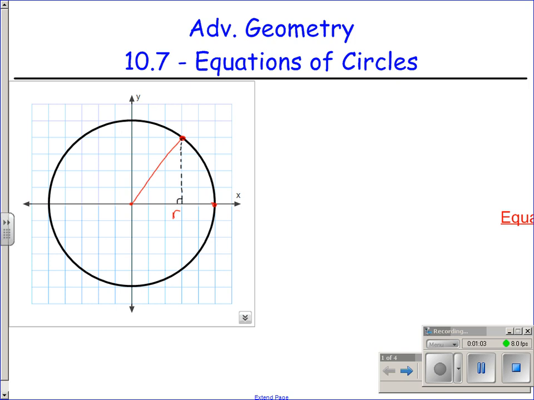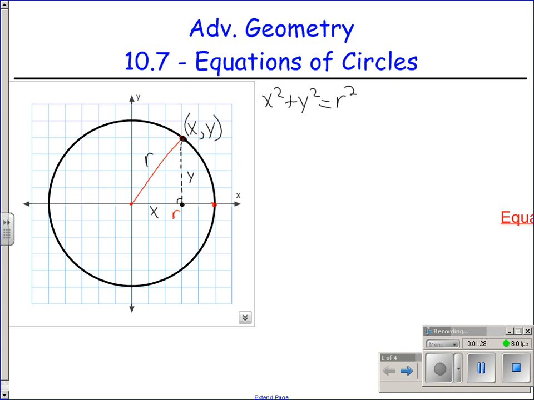So now, if you think about this coordinate at this point right here, from the origin, you want a certain distance in the x direction, puts you here. Then you go up a certain distance in the y direction, that puts you at your point. This is the radius here. So because this is a right triangle, leg squared plus leg squared equals the hypotenuse squared.